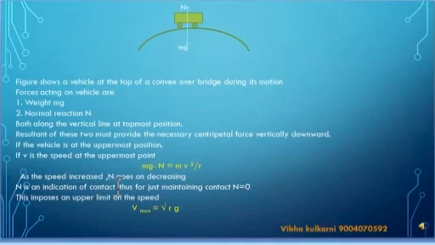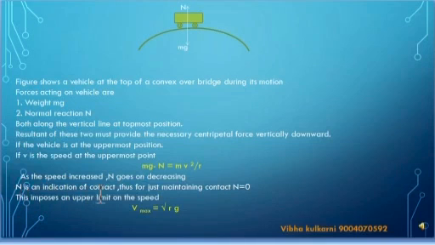As the speed increases, n goes on decreasing, isn't it? See the equation carefully so you can understand what I am saying. If we increase the speed, what will happen here? On the left-hand side, n is subtracted, so it will decrease.